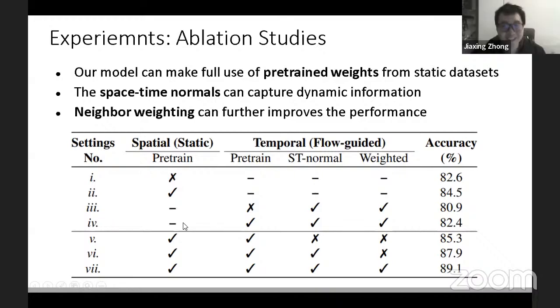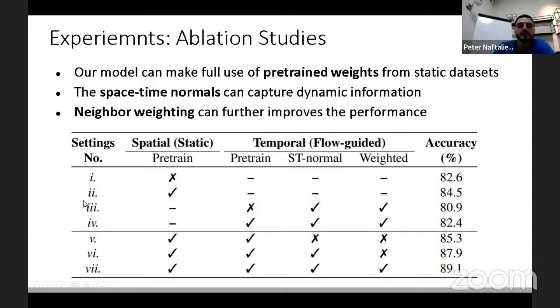Oh, okay, this wasn't clear. So basically, row 1 and 2 mean we only use the static part, once we pre-train, once we don't. Row 3 and 4 mean we pre-train, but we don't have the static part of the network at all.